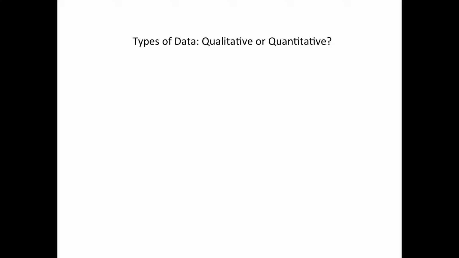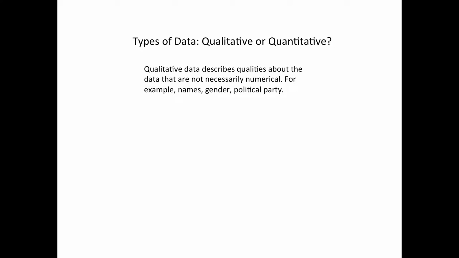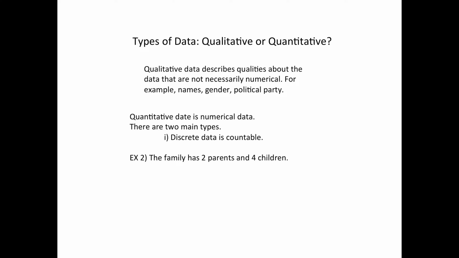So there's two main types of data, qualitative data and quantitative. Quant is referring to a quantity, and qualitative is referring to a quality. So a quality would be something like a name, a gender, etc. And then let me go back, I just thought of an example.